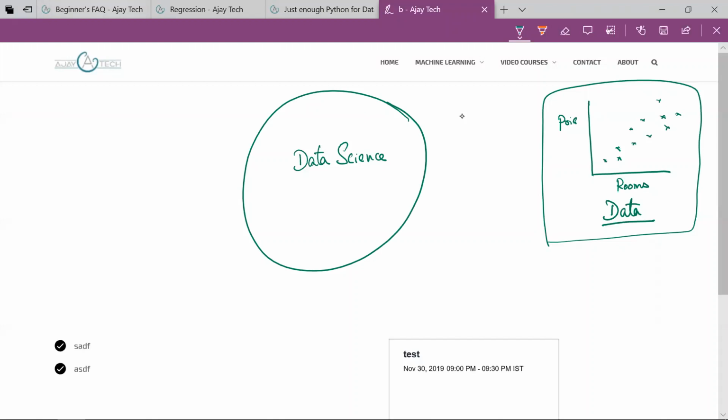Now there is machine learning. What is machine learning? Machine learning is typically a field where again algorithms are used, but it is more to do with prediction. You see, this is machine learning, and it's more to do with predictions.